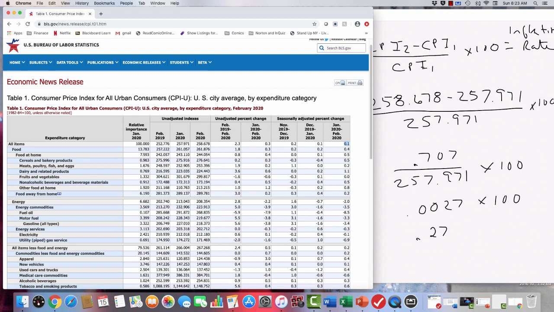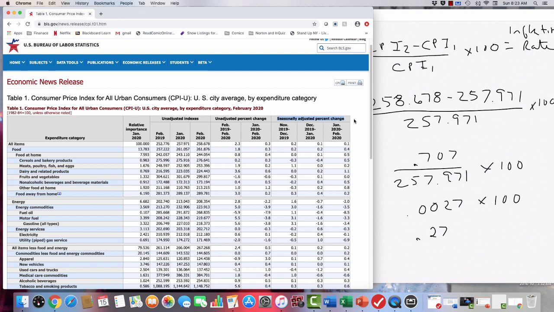What's going on? Well, there are two different reports here. One is the unadjusted percent change. That's what we calculated. And the other is what's called the seasonally adjusted percent change. Because of the way we calculate CPI, and because of what goes into CPI, there are some problems with the number.